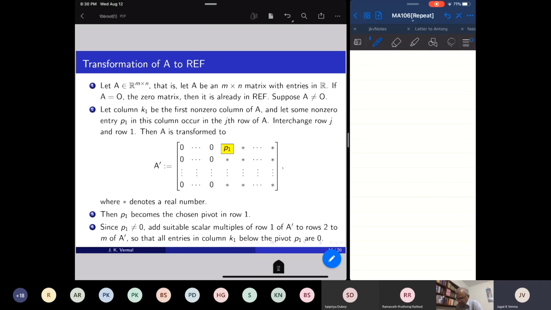When you do this, the first zero columns have no effect on them. They will continue to remain zero columns by these row operations, which are converting all the entries below P1 into zeros. So this is the step for obtaining the first pivot P1.